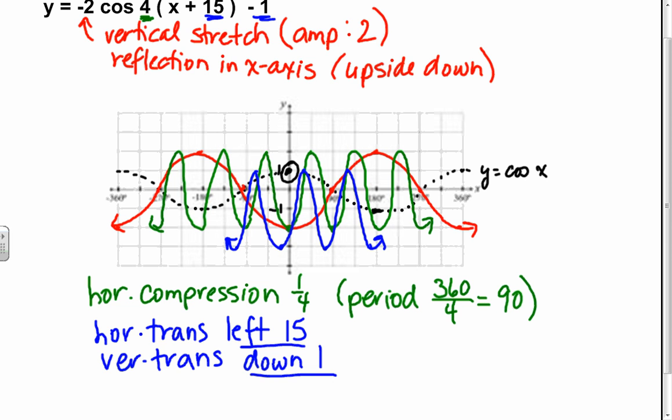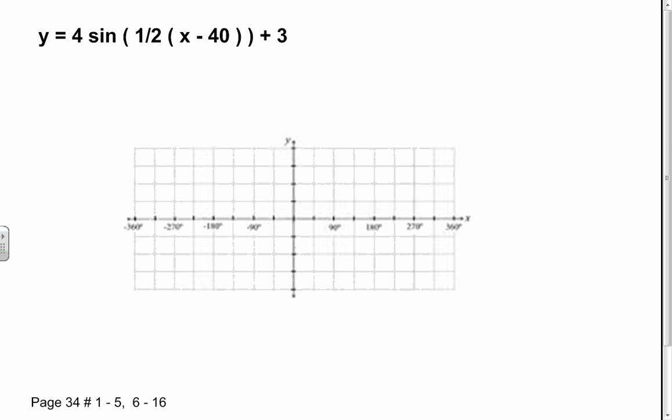Okay, are you game for one more? This is where colors really come in handy. Y equals 4 sine a half, x minus 40, plus 3. 4 things going on. Again, I would model a basic sine wave. So we are going to have 1, minus 1.